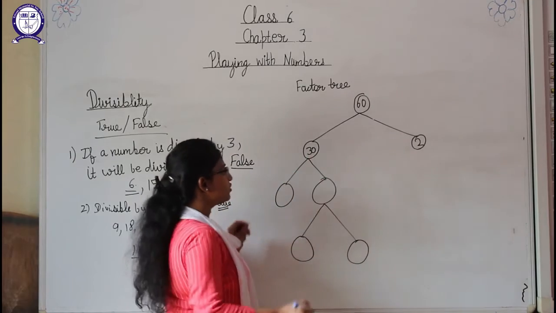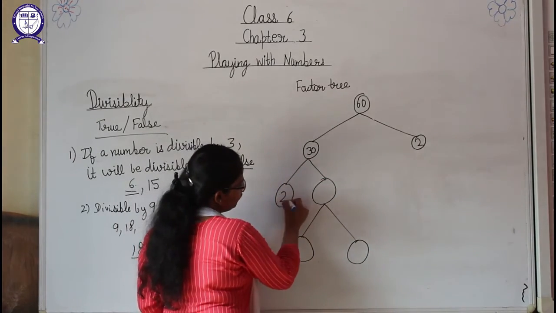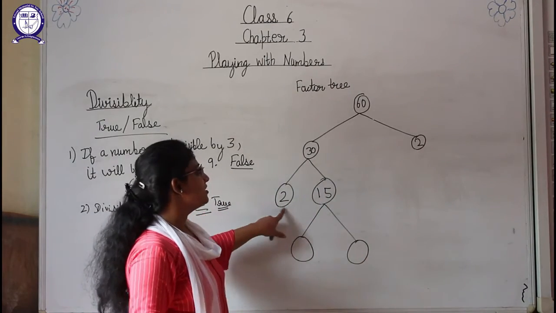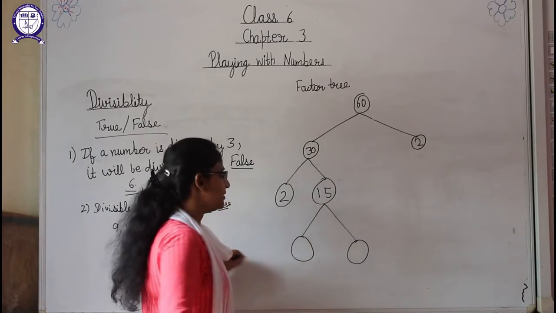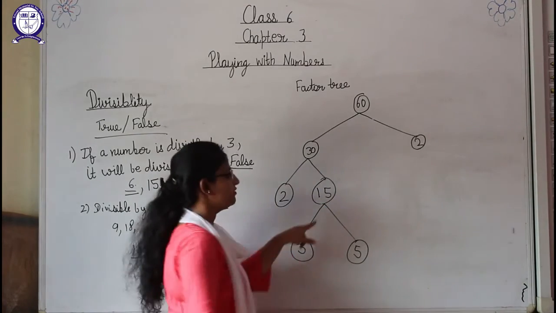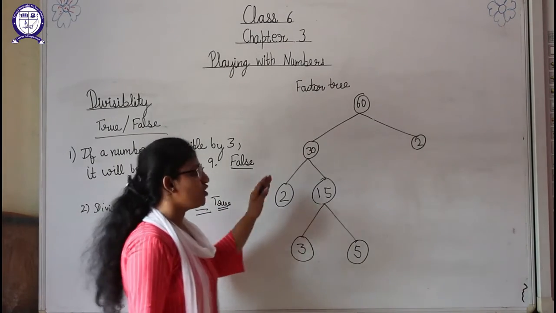Now here it is 30, so we again divide it and we will get 2 into 15. 30 will be 2 into 15. Now again this 2 is a prime factor, so it can't be taken further, but here 15 can be written as 3 and 5, because 3 5s are 15. Okay, so like this we got the factor tree of 60.